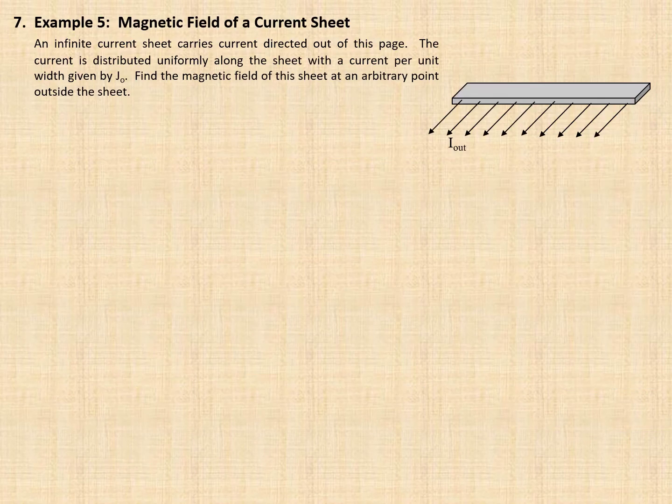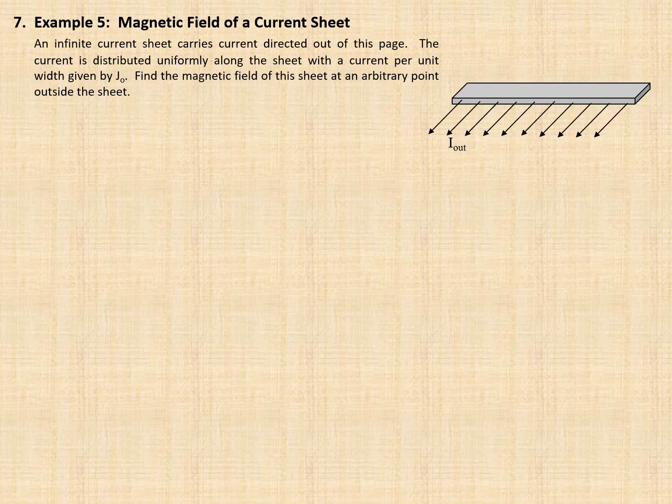So in this very last example of applying Ampere's law, we'll take a look at the magnetic field of a current sheet. So we've looked at the magnetic field that forms around a current carrying wire where that current is confined to a right circular cylinder. What happens here where we look at a uniform current traveling through a planar sheet?